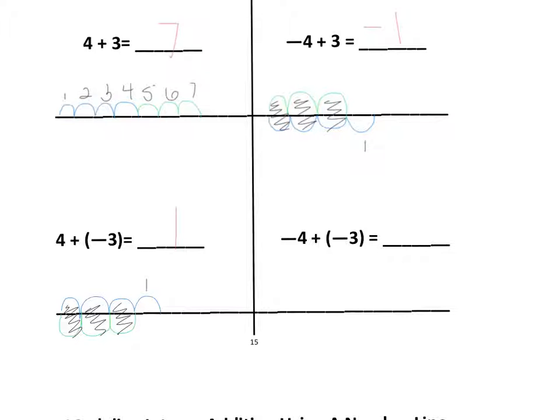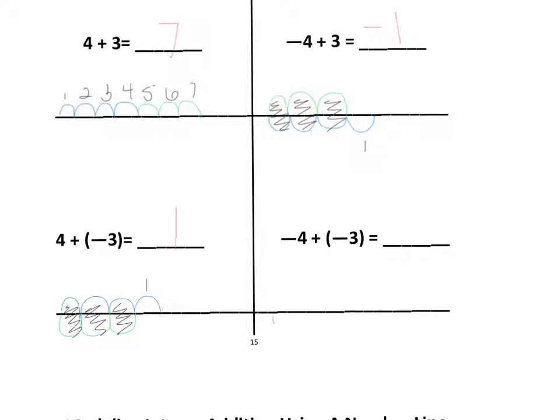Again, take a look at the second and third example. When we look at negative 4 plus 3, we had more negatives than we did positives. So it kind of makes sense that, oh, well, I have more negatives, so the answer has to be negative. And with 4 plus negative 3, I have more positives, so the answer has to be positive because I have more of them. Take a look at the last example, negative 4 plus negative 3.